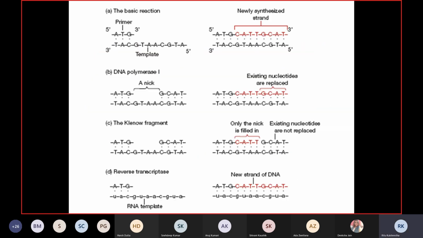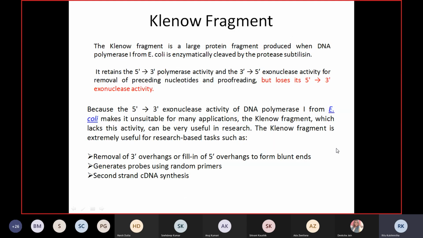I have already told you about Klenow fragment, and you can go through these notes which are written here. The fact is that it does not have 5' to 3' exonuclease activity, and it is used in many different scenarios in the molecular biology lab.